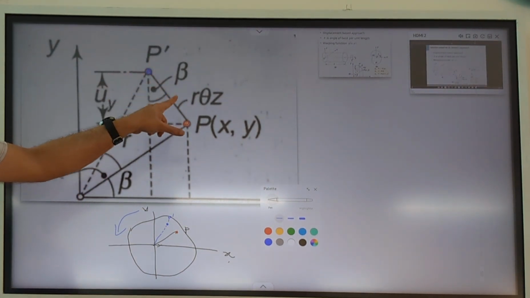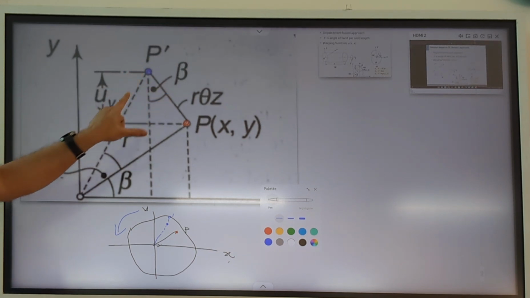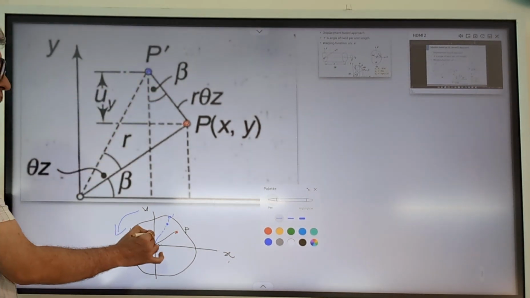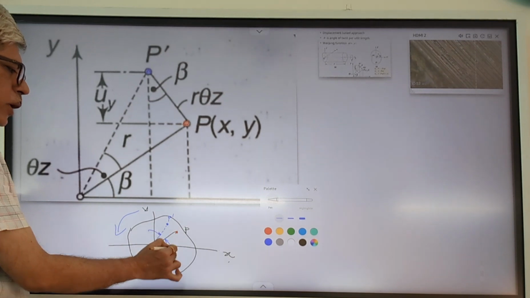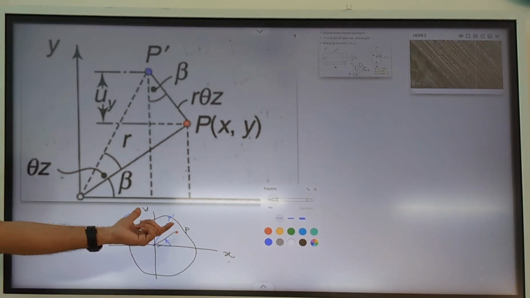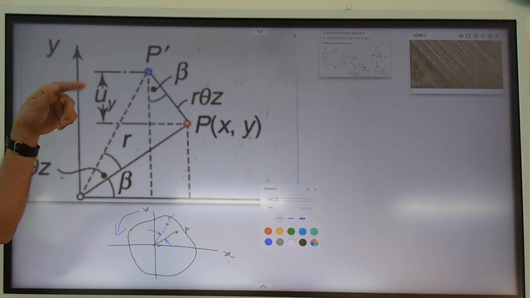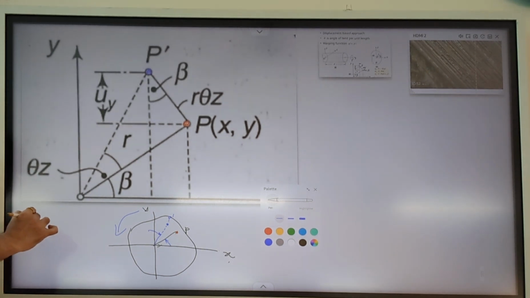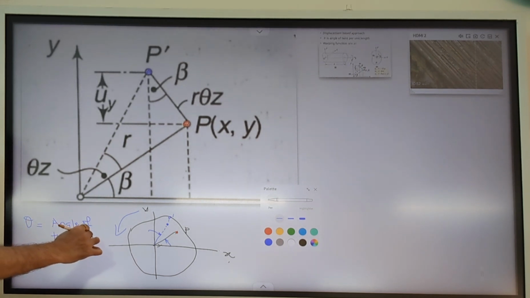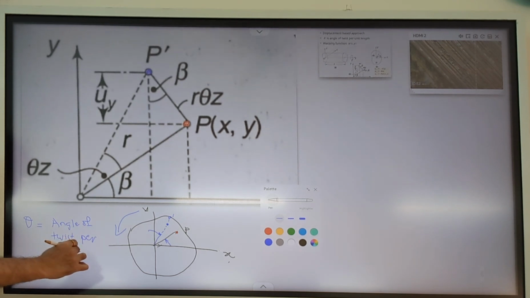So we know the net displacement of this point with respect to whatever is the angle of twist of this point. The angle of twist, as I said earlier, theta is angle of twist per unit length.